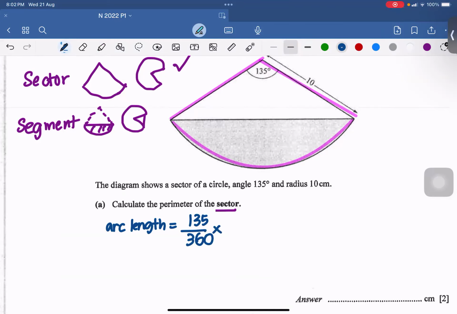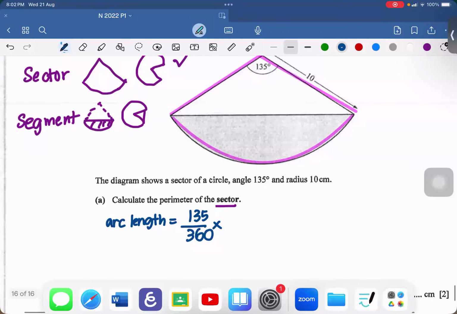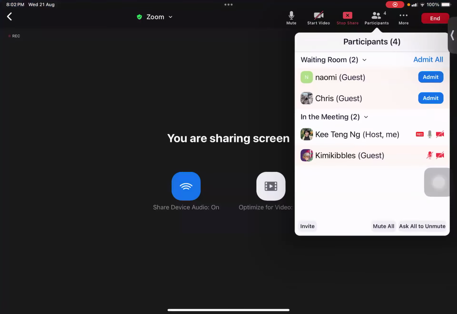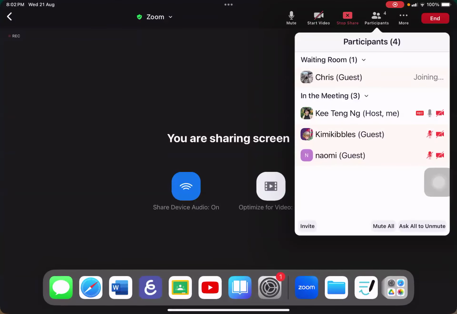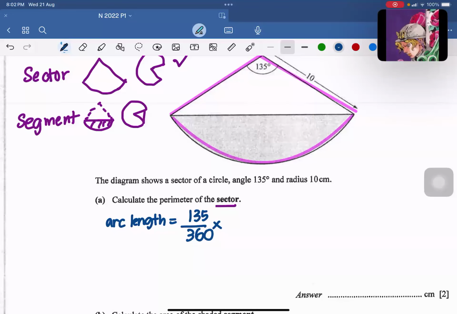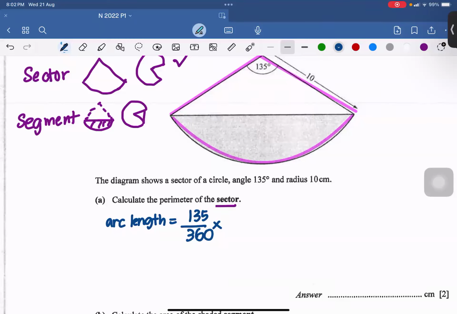Is it times pi r square or 2 pi r? Which one? 2 pi r. Thank you. 2 pi r, radius is 10. Okay, so this is the first part, the arc length.